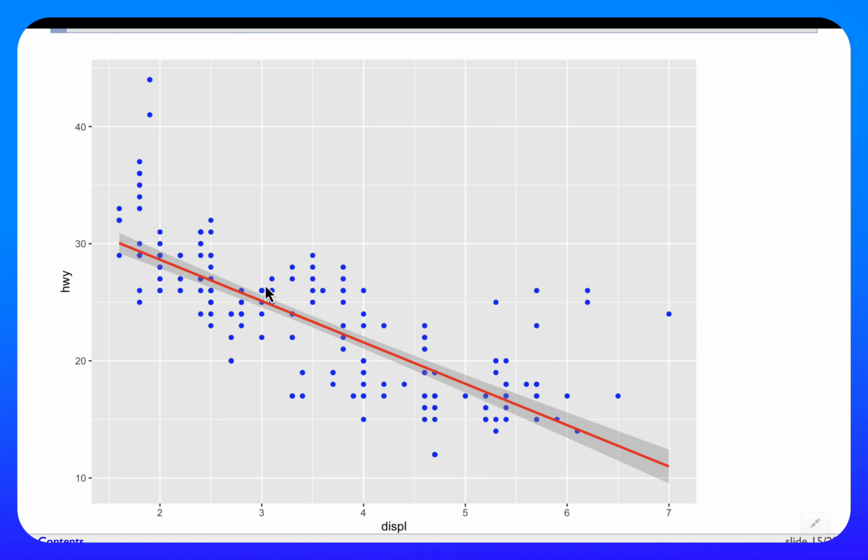There's a lot of good conformity to the equation, except for very low values of displacement. You have this cluster of points which are way above the regression line. And again, out here, you have another cluster of points.